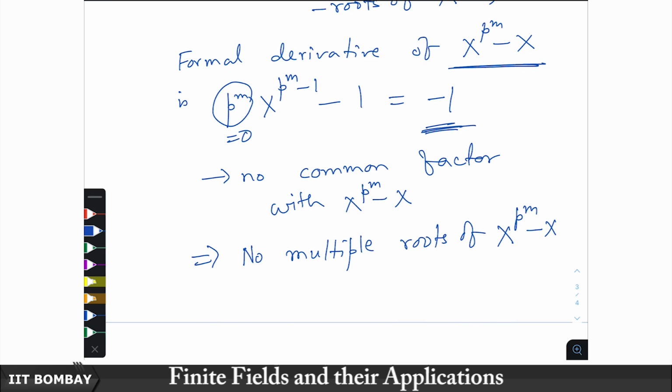So, this polynomial has no multiple root, all roots are simple, that is, all roots are distinct. So that means S has no root that occurs 2 times, which means that it has p power m distinct roots.